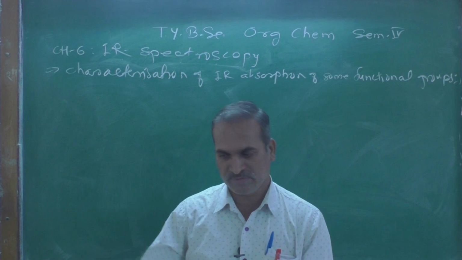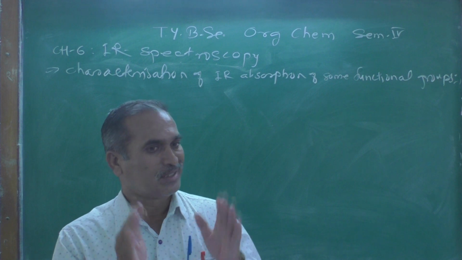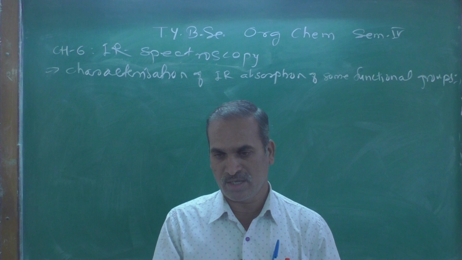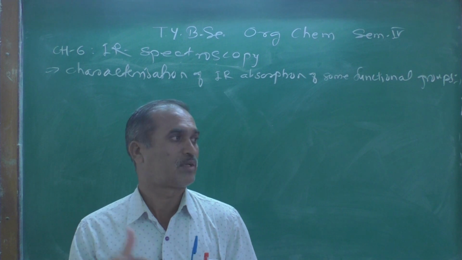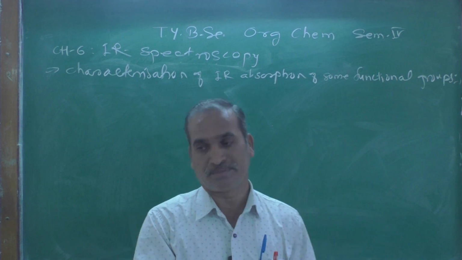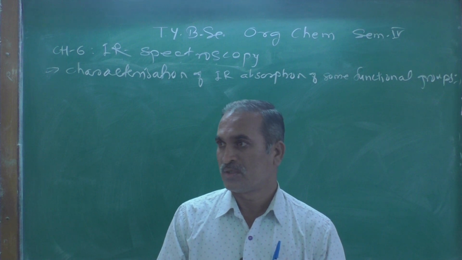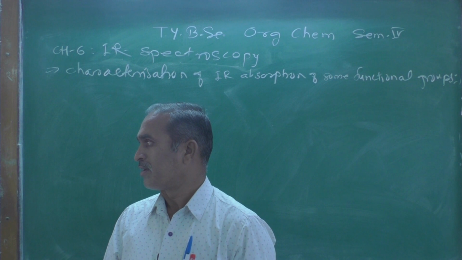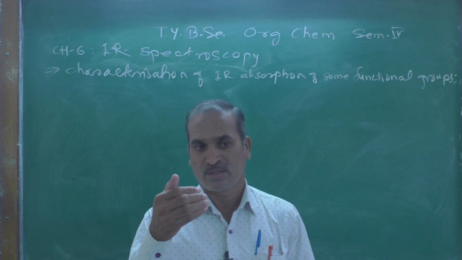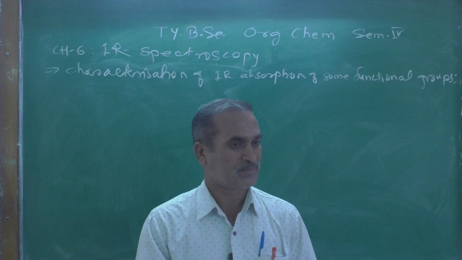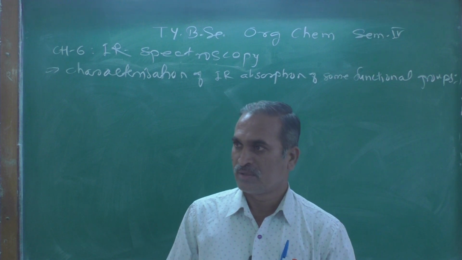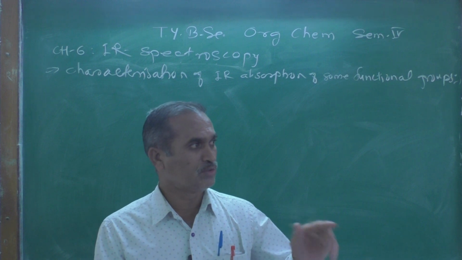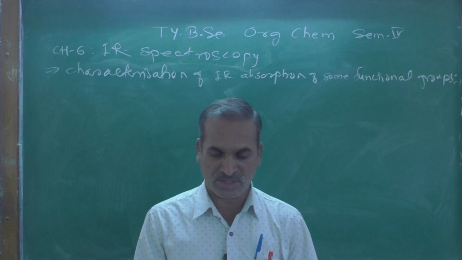So details of it we have learned, and when there is an OH, NH, these are the groups which generally show IR absorption peaks in between 2500 to 3600 per centimeter.